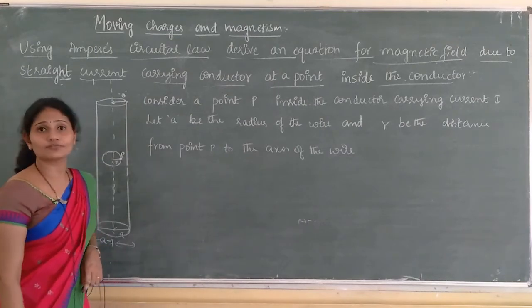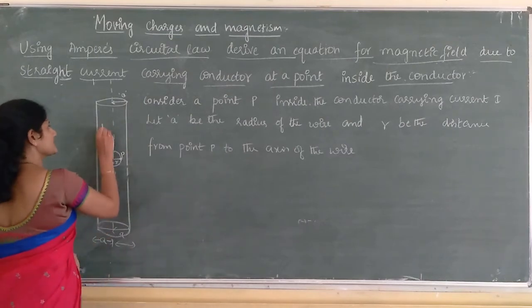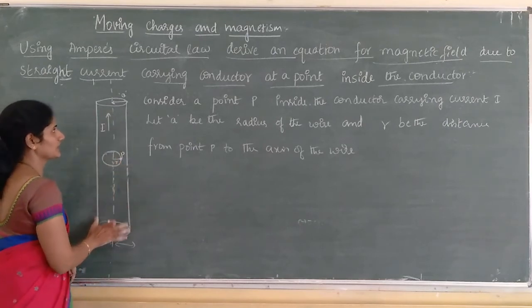Let I be the current flowing through this conductor. So, I is the current flowing through this conductor.